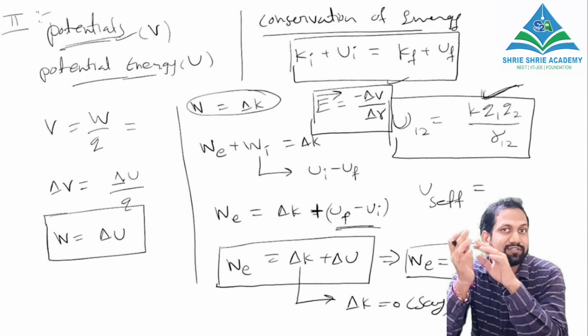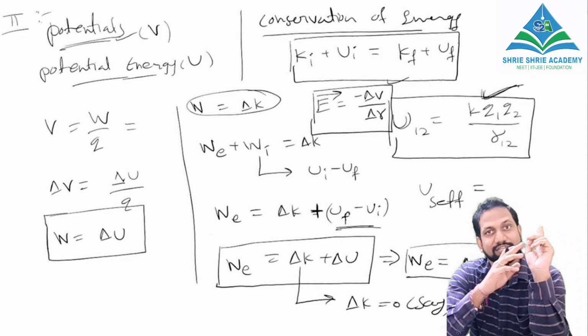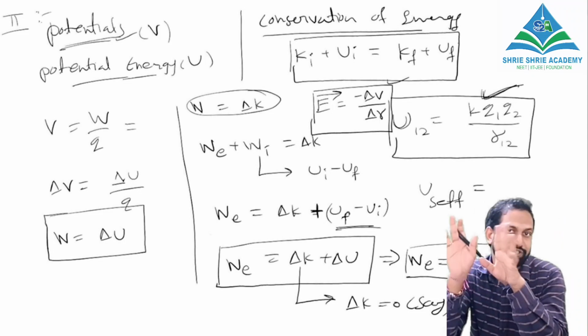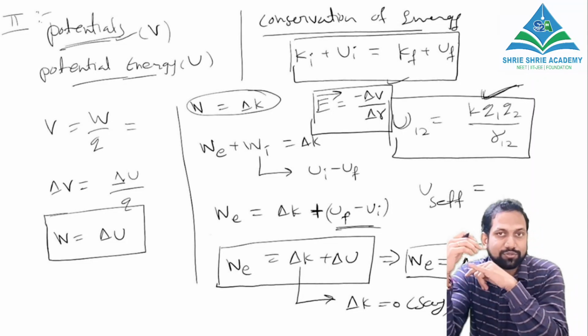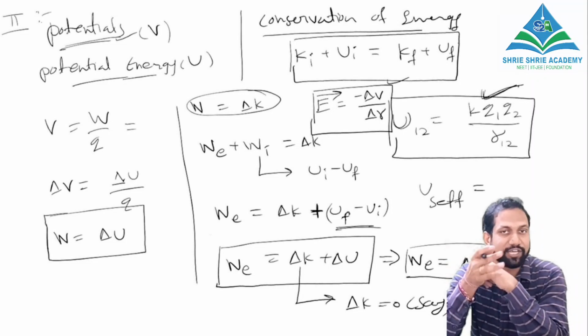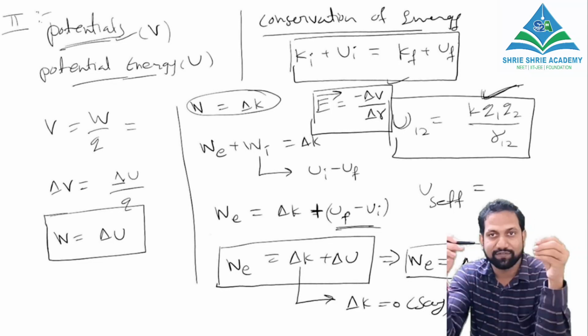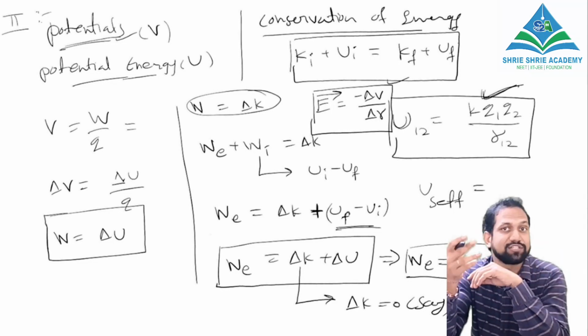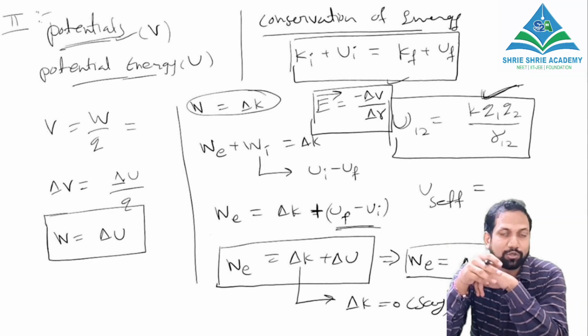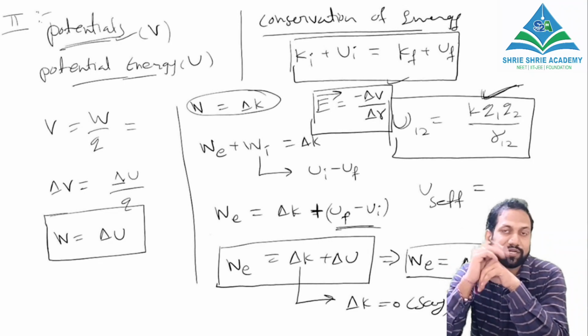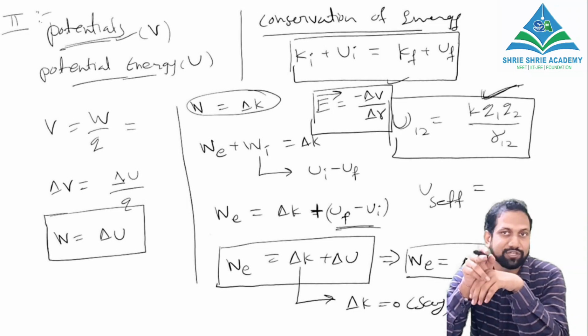Whatever objects we dealt with for the field, you have to take the same objects and find the potential. Potential due to a point charge is kq by r. Potential due to a ring of charge, a line of charge, spherical charge distributions, maybe a hollow sphere or solid sphere, a sheet of charge, and a dipole. Whatever object you have studied the field for, you have to study the potential also.